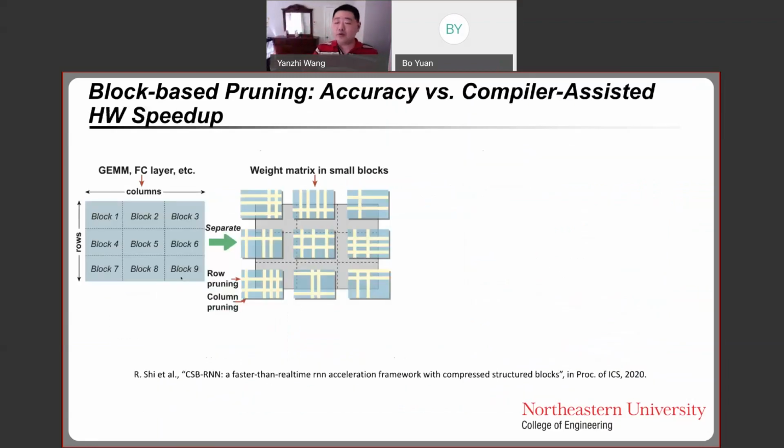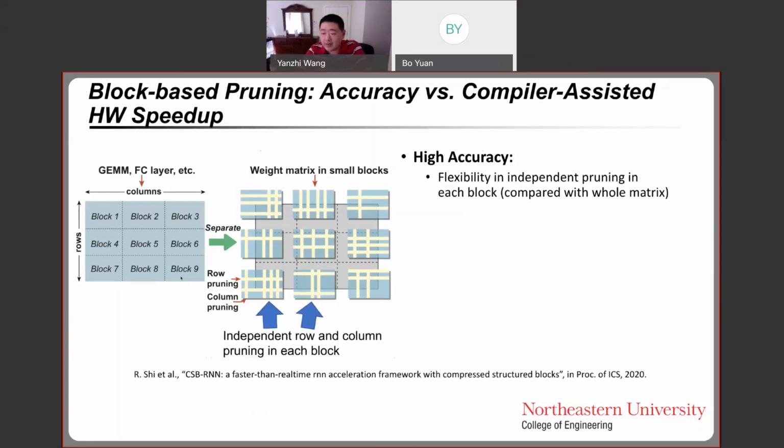Then we are going to discuss why this block-based pruning also has a higher accuracy and a higher compiler-assisted speedup. The higher accuracy is because we divide into smaller blocks and apply independent row and column pruning in each block.